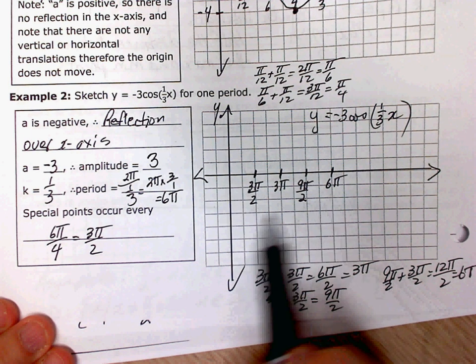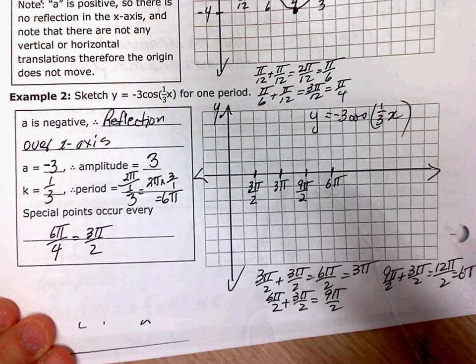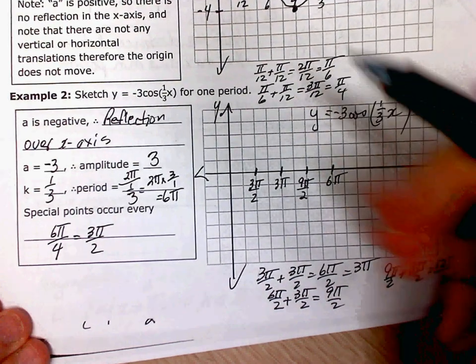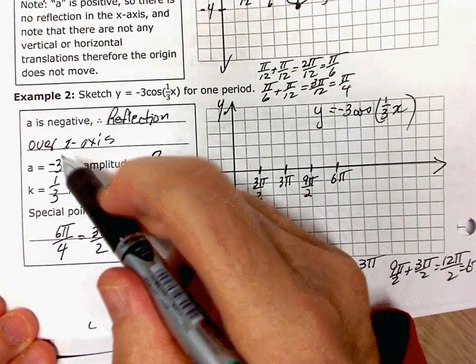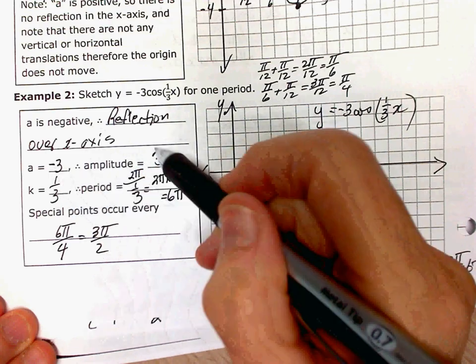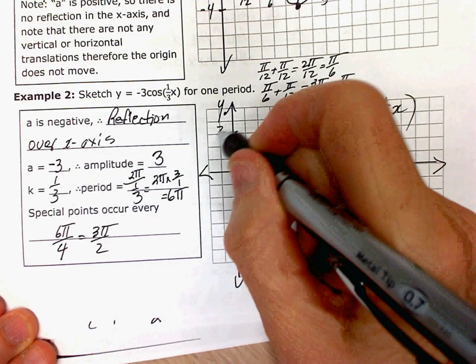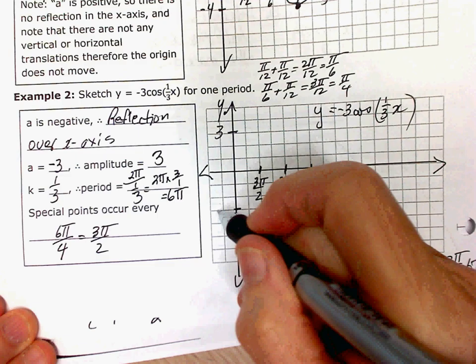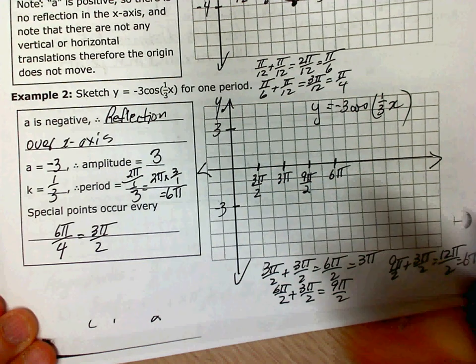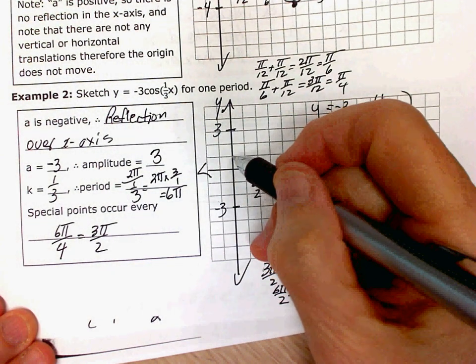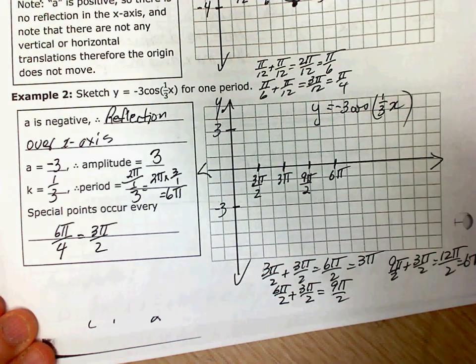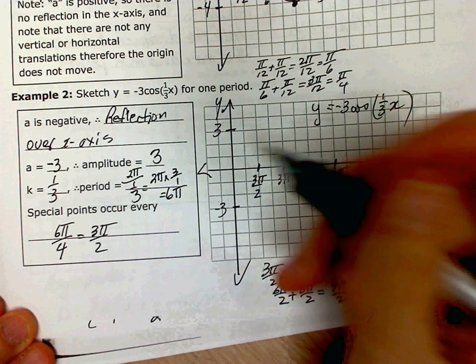Now, our max is vertically stretched by a factor of 3. Our max will be 3, and our min will be -3, right? Normally it's from +1 to -1. But we have a vertical stretch by a factor of 3.